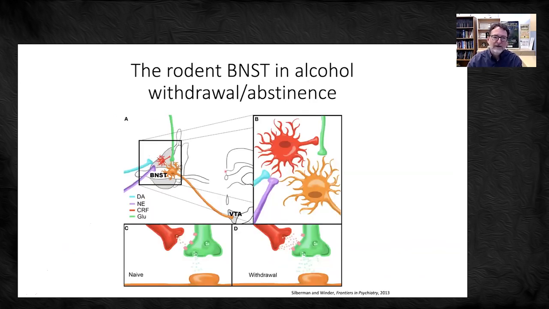And so my lab's been studying the BNST and the actions of acute and chronic alcohol on BNST function in rodents for over a decade now. And this model summarizes the conclusions of many of those studies. We're interested in the idea that glutamate inputs to BNST neurons play an important role in driving relevant BNST-dependent behaviors.